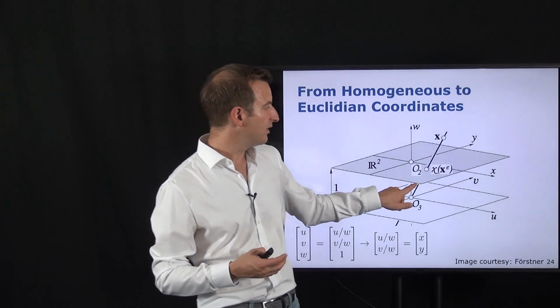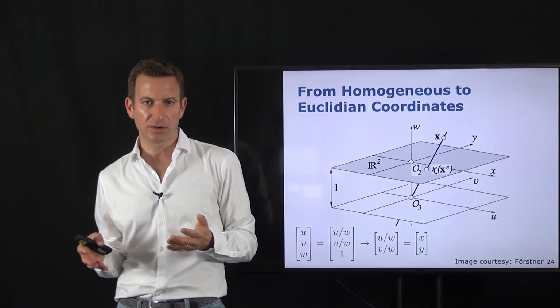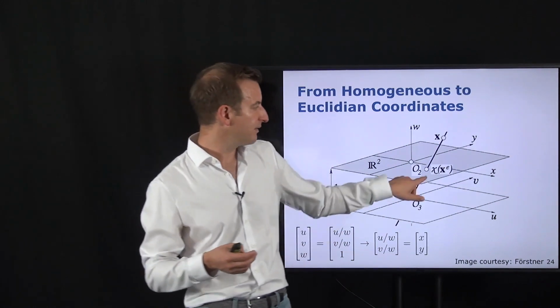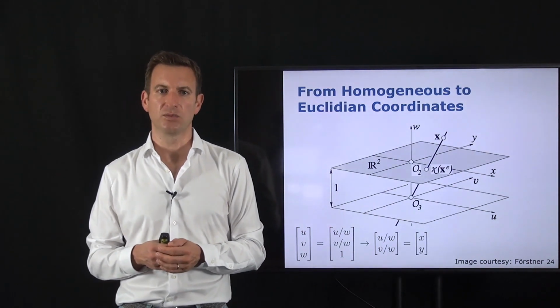So we can see that all points which lie on that black line represent this single same point in my Euclidean world.